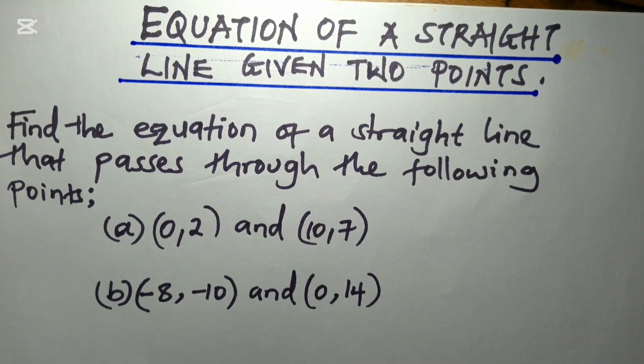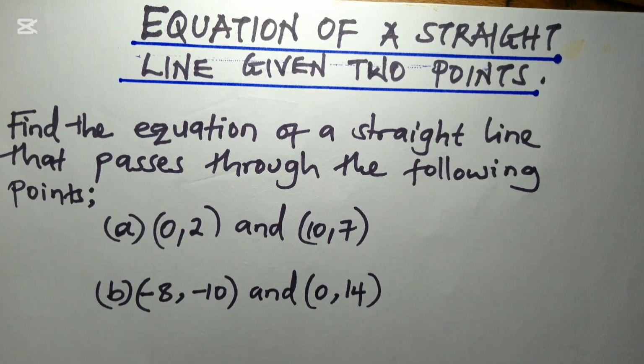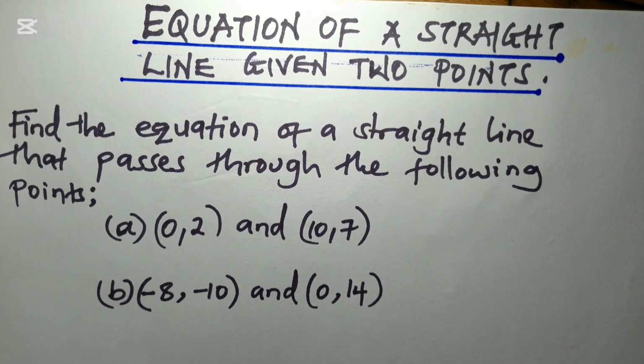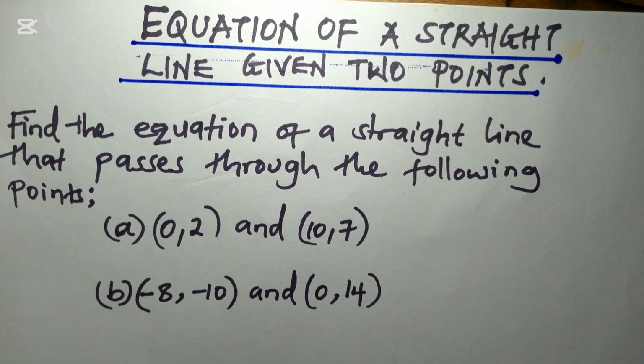Today we are going to learn about the equation of a straight line given 2 points. As you can see, I have a question here with two parts, A and B. Find the equation of a straight line that passes through the following points. Part A has the points (0, 2) and (10, 7).